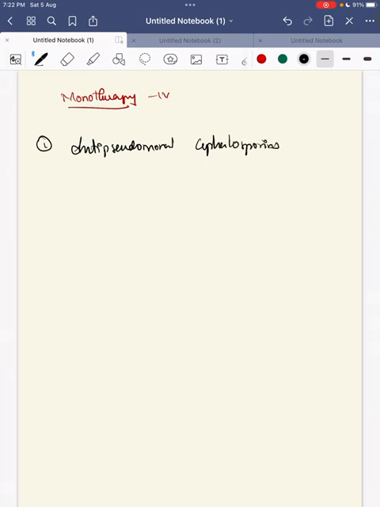In antibiotic therapy, we have monotherapy, dual therapy and combination therapy. First, starting off with the monotherapy. What are the drugs used for monotherapy? You can use anti-pseudomonal cephalosporins: cefepime and ceftazidime.